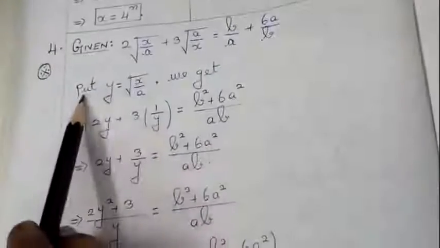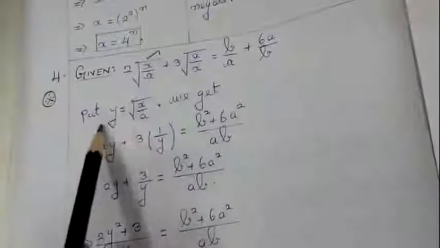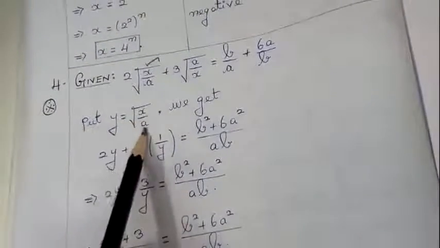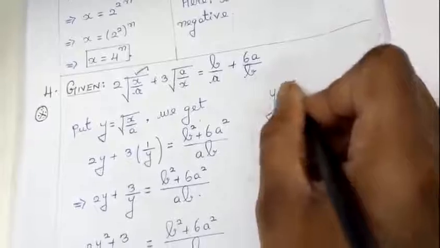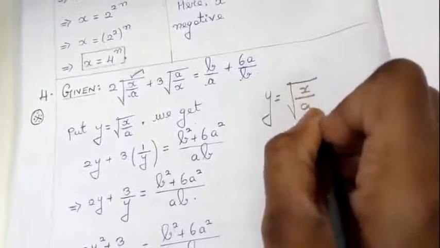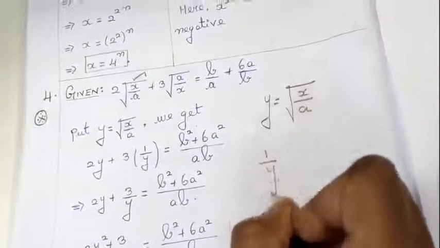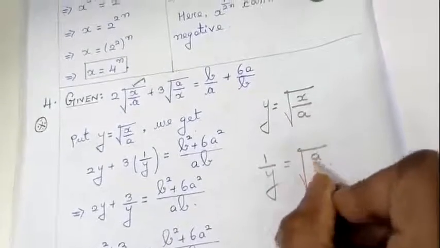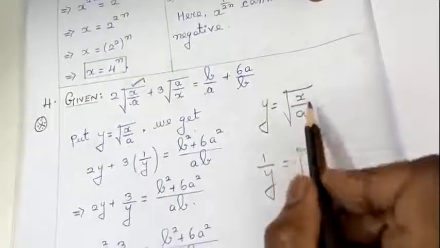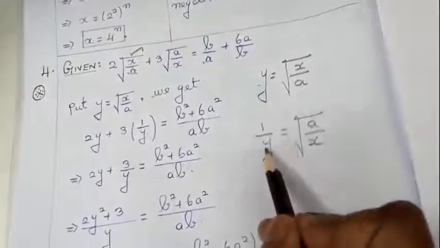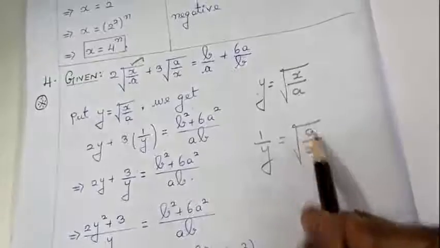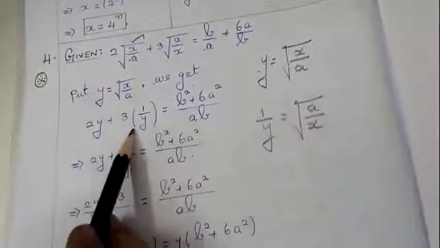If you look here, put y equal to root of x by a, we get, just listen here students, I am putting y equal to root of x by a, so 1 by y means root of a by x, the reciprocal. When y is root of x by a and we write it upside down, 1 by y equal to root of a by x. That is the concept I have written here.